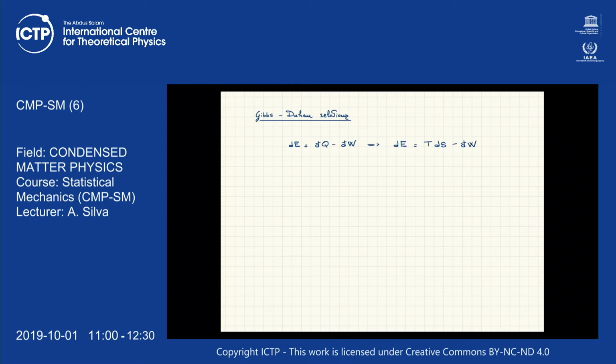This is because of the definition of entropy, right? And now we use the definition of W, and this is going to be TdS plus the sum over i of yi dxi plus the sum over alpha of mu alpha dn alpha. And then you have the chemical part of the work, which is controlled by chemical potentials.